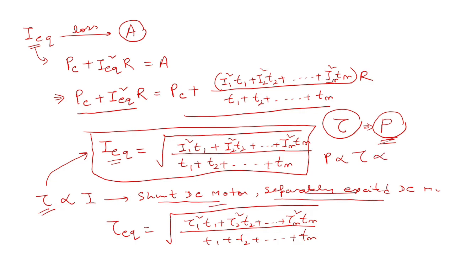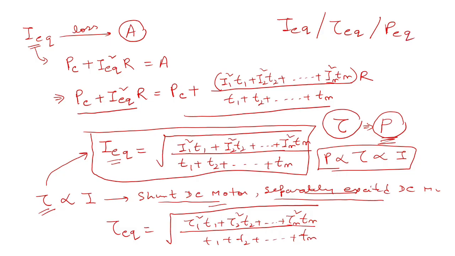The torque is directly proportional to I, that is the load current. Now we have found the IEQ or tau EQ, or we can say power equivalent. We have found this value from the load profile. Now we have to find the rating. For this we have a few rules which we will discuss in the next slide.